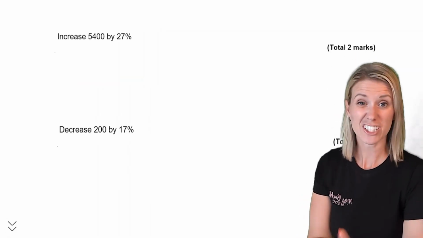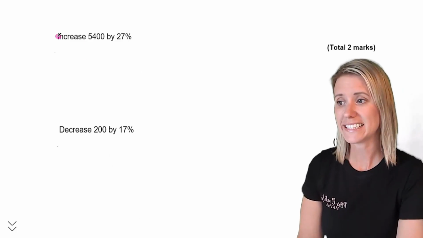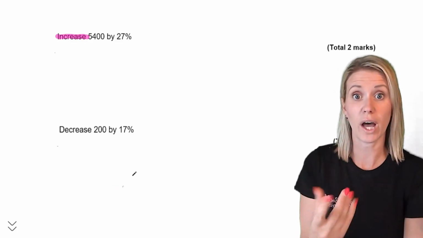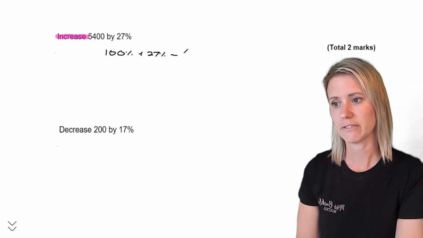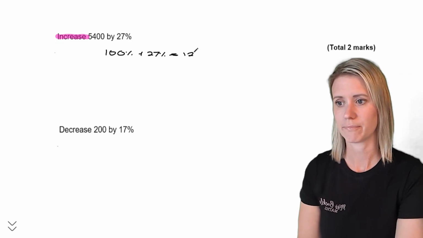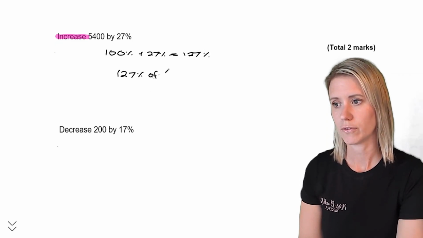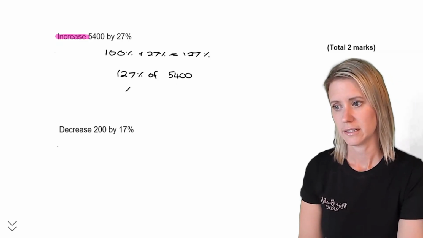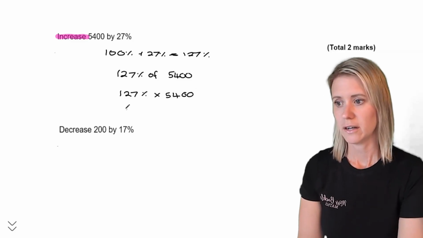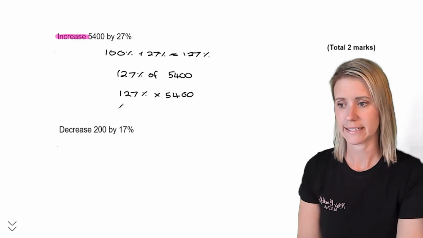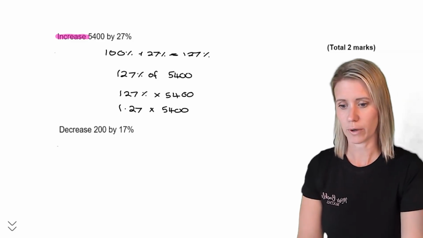These are now GCSE questions which come with 2 marks. Increase 5,400 by 27%. Identify that it's an increase, it's going to go up. So we're doing 100%, add on that 27% to give us 127%. So we want 127% of 5,400. If you're doing it as a decimal, and most people tend to do it as a decimal, it's going to be 1.27 multiplied by 5,400.